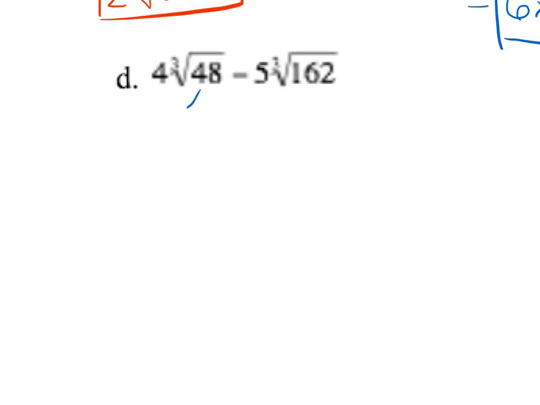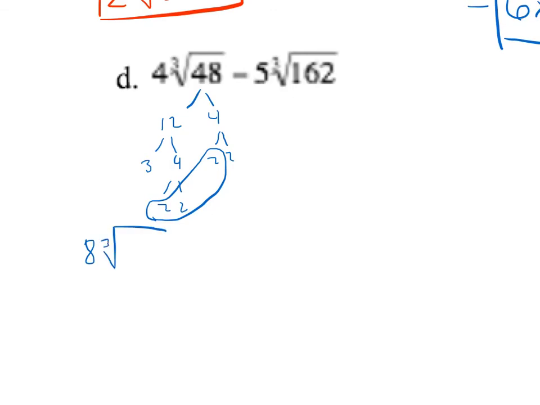This one's broken down. And we have a group of 3 here. So we're going to pull out a 2, and that's going to be an 8 cube root of 6.